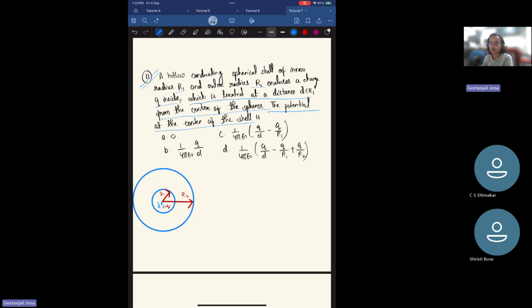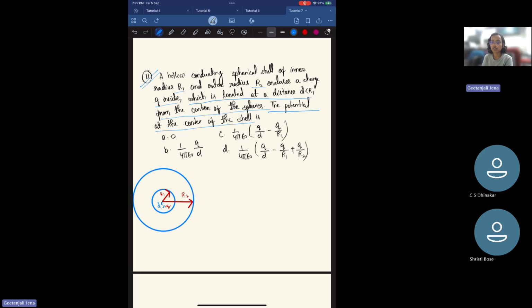There is a shortcut also. Instead of finding out the electric field in different ways and then taking the integration, you can recall the potential inside a metal sphere. It's equal to the value at the surface, right?